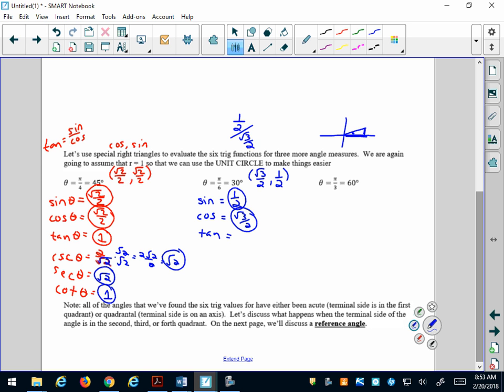I'm writing it out the long way, but you should think about that. Remember, dividing by a fraction is the same thing as multiplying by the reciprocal. See how important fractions are, right? So you're really doing 1/2 times 2 over root 3. When the 2's cancel, you get 1 over root 3, and then you have to rationalize the denominator. So you get root 3 over 3.